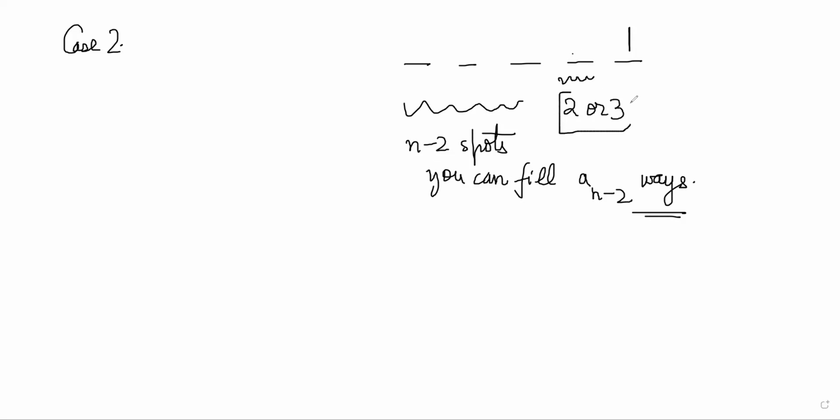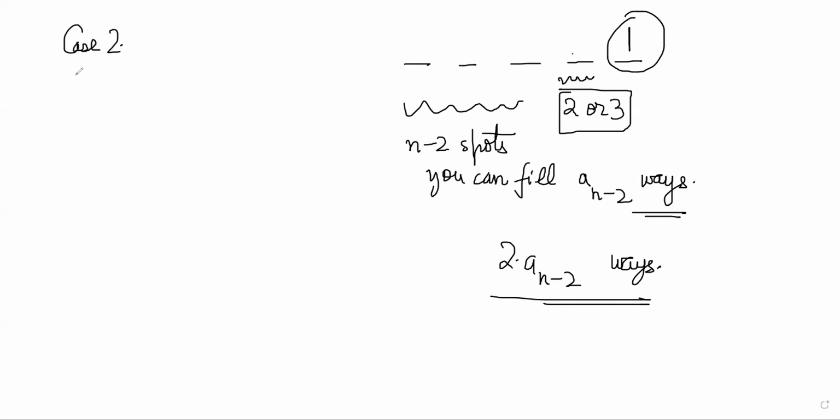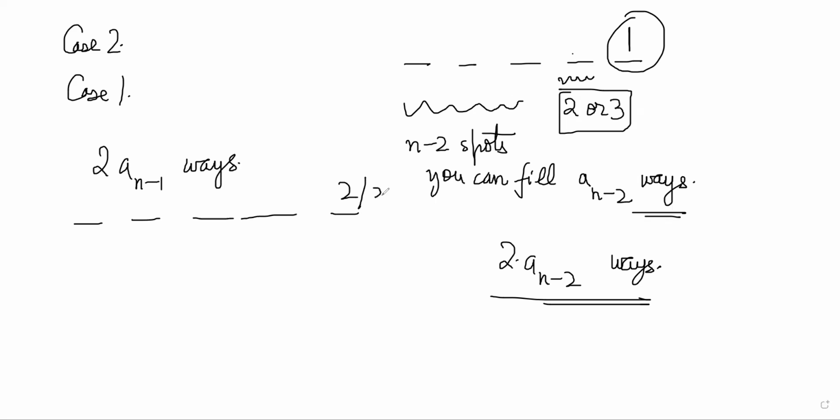There are two choices. You have to put it as a 2 or 3. And therefore, there are 2 times An minus 2 ways here in total. This is for case 2, where the rightmost digit was 1, and for case 1, there was 2 An minus 1 ways, right? Because here the rightmost digit was 2 or 3, and the remaining An minus 1 ways were there, right?